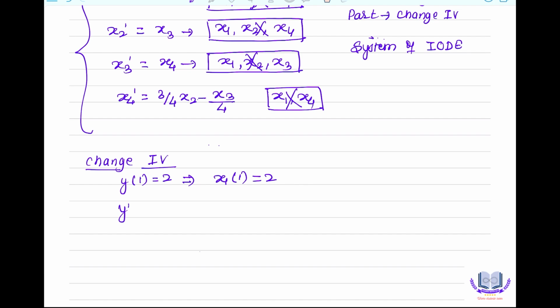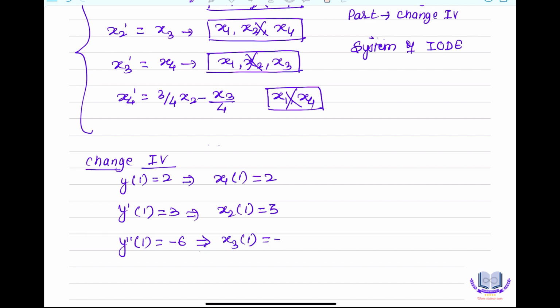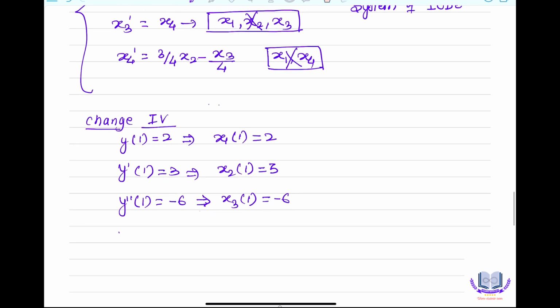What is y dash at 1? It is 3. So we have x2 at 1 is 3. Y double dash at 1 is minus 6. So we have x3 at 1 is minus 6, and at the end y triple dash at 1 is 4.